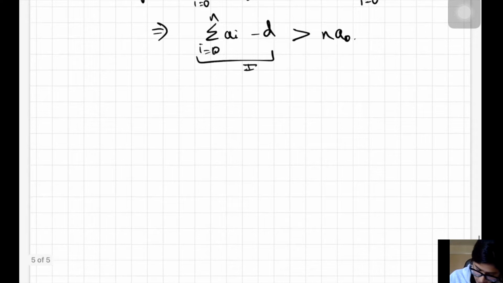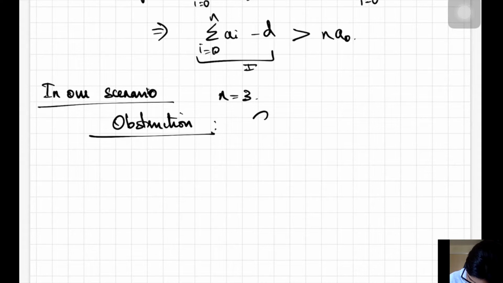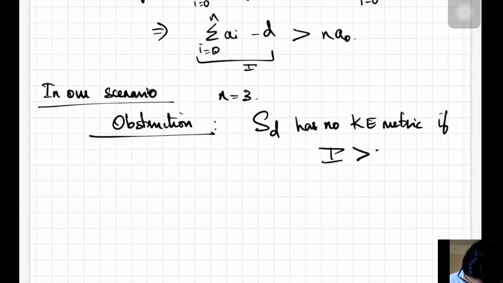So in our case, what does it mean? In our scenario, my n is 3. So the obstruction basically tells me that my X has no Kahler-Einstein metric if my I is greater than 3 a_0.